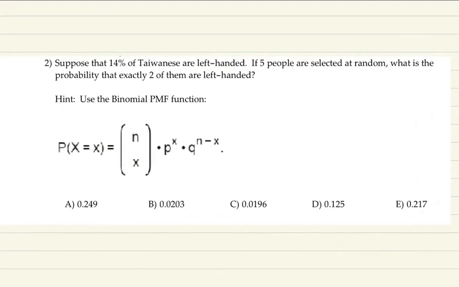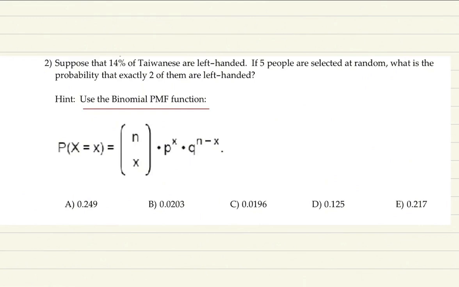Suppose that 14% of Taiwanese are left-handed. If 5 people are selected at random, what is the probability that exactly 2 of them are left-handed? They give us a hint and a formula. We're going to use the binomial PMF.